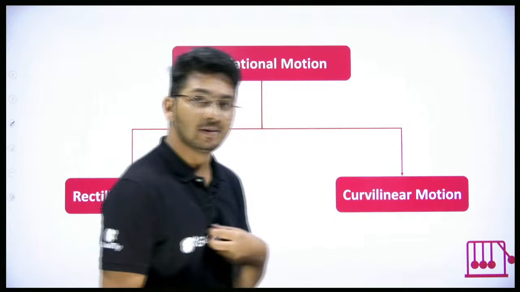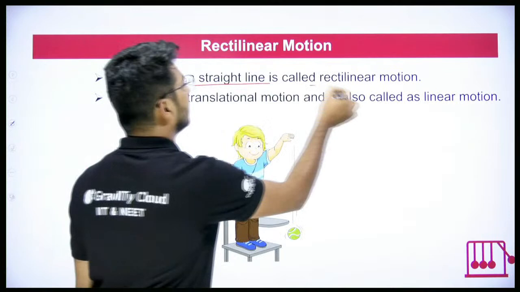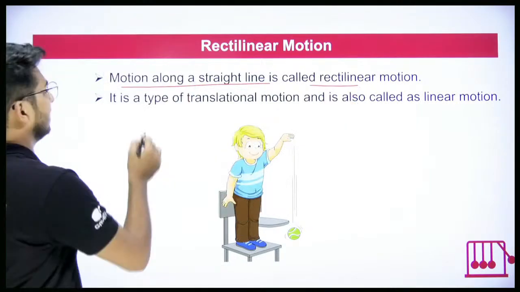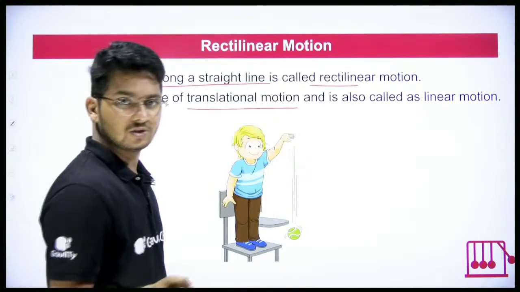Rectilinear is a case where motion is along a straight line, end of story. And it is a type of translational motion. Because when you drop a ball from A to B, the front of the ball, the back of the ball, every point on the ball will travel the same distance.